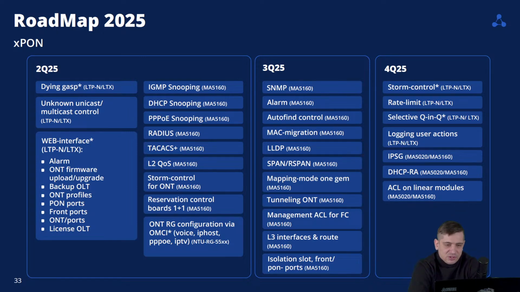It will get an important boost in capabilities, as you see. And in fourth quarter of 2025, we shall implement storm control for LTP and LTX, then selective Q-in-Q, and lots of other important options.